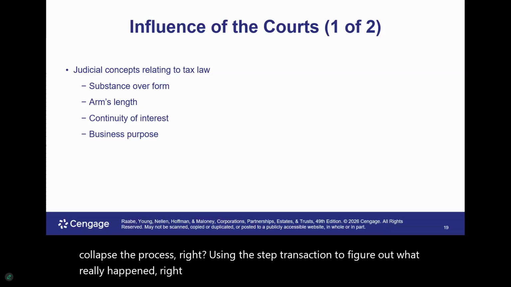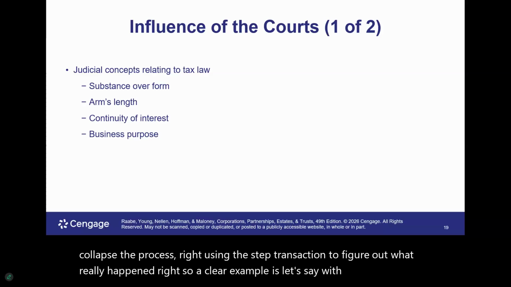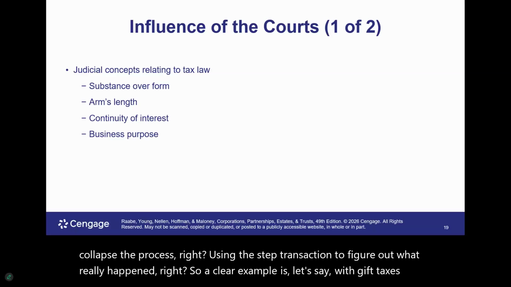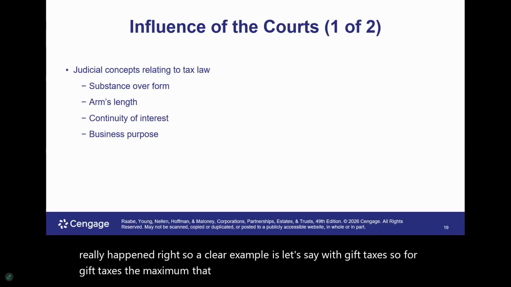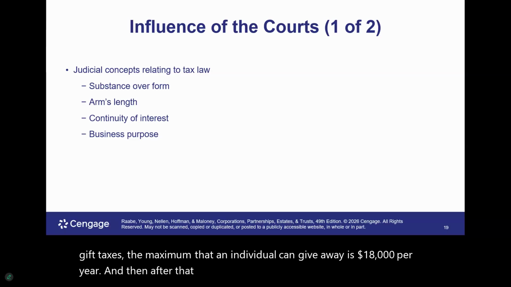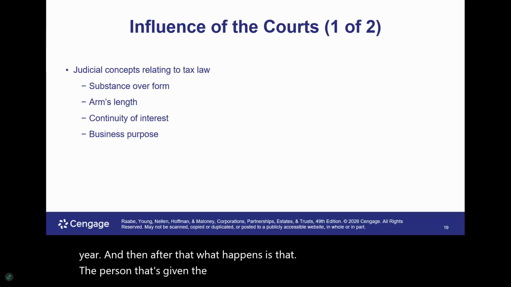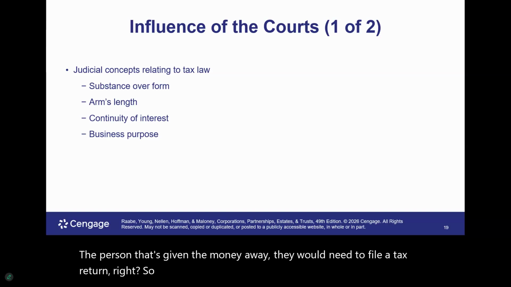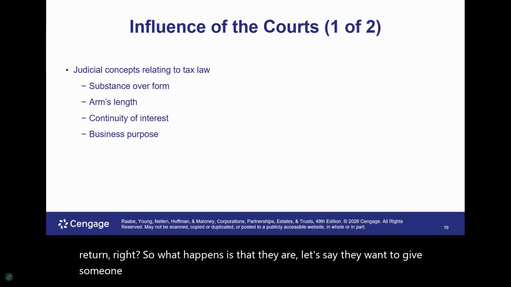So a clear example is, let's say, with gift taxes. For gift taxes, the maximum that an individual can give away is $18,000 per year. After that, the person giving the money away would need to file a tax return, right? So let's say they want to give someone $36,000 and not incur any gift tax liability.